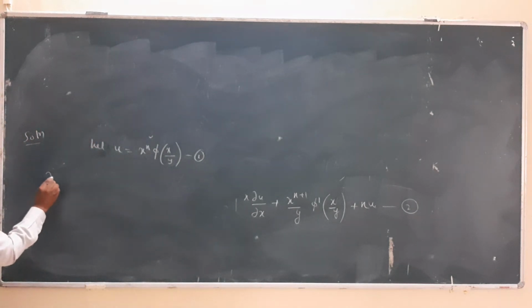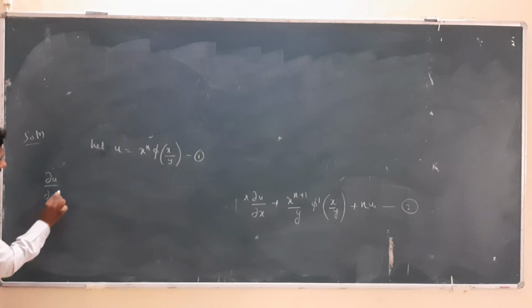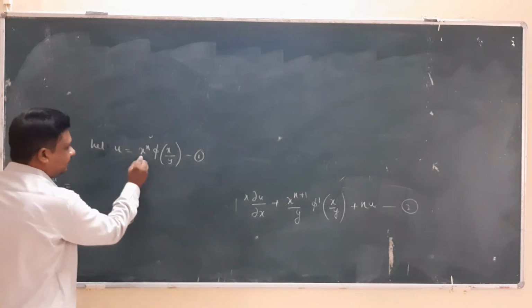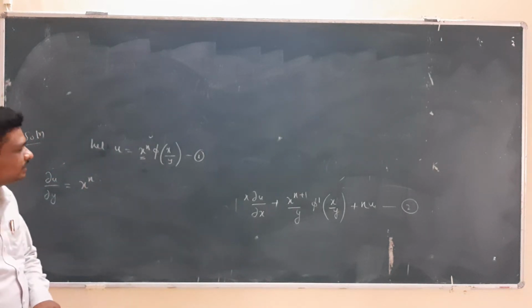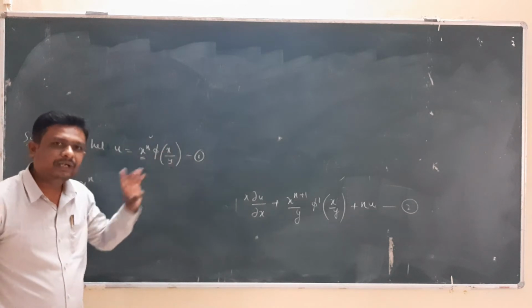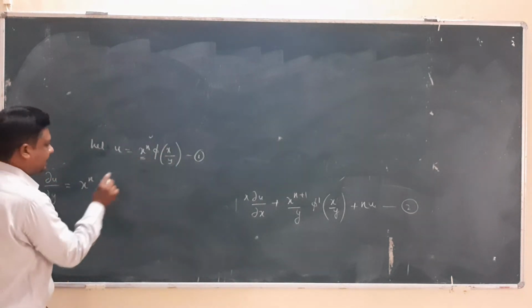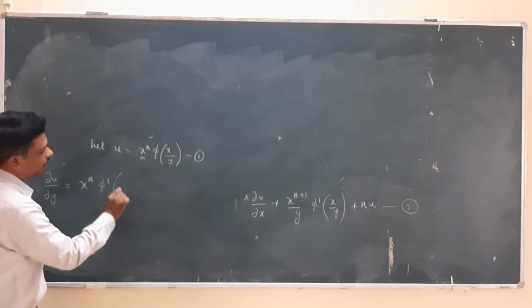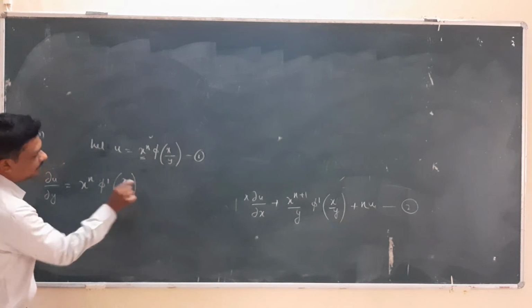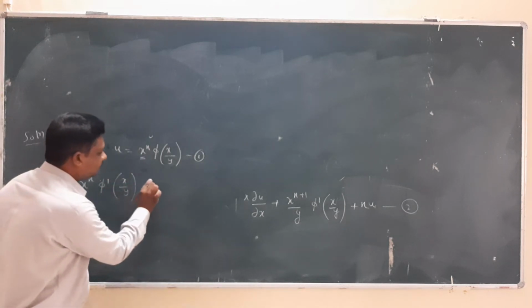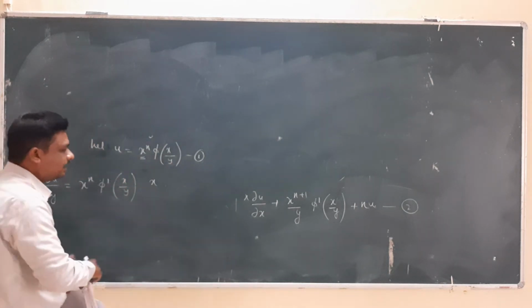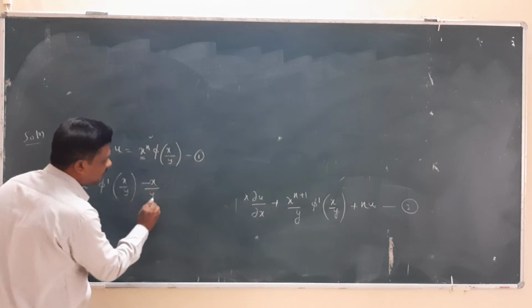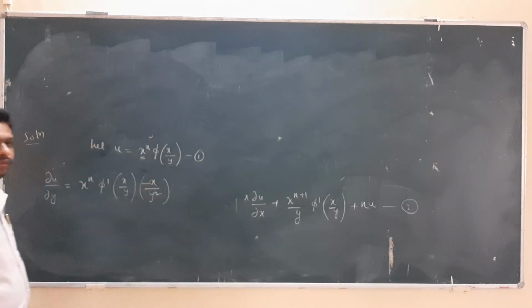So this becomes ∂u/∂y. Here xⁿ is constant, I will write it as it is. In this function there is only one y term. So the derivative of φ is φ'(x/y) into, here x is constant, I will write x as it is, and the derivative of 1/y with respect to y is −1/y². This becomes −x/y².